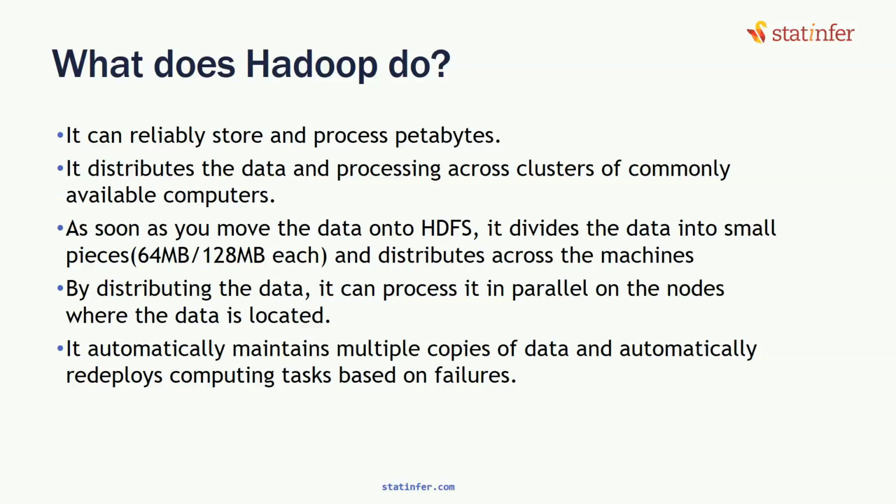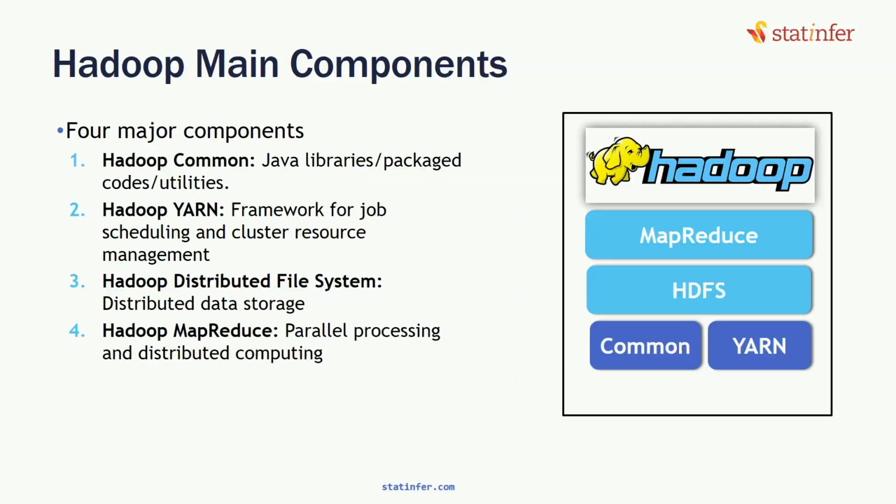They will be stored on different nodes, so that if one machine switches off, you can fetch the same piece from a different node. That is what the Hadoop properties are. Now Hadoop has some major components, which we will see in detail. What are the major components of Hadoop?